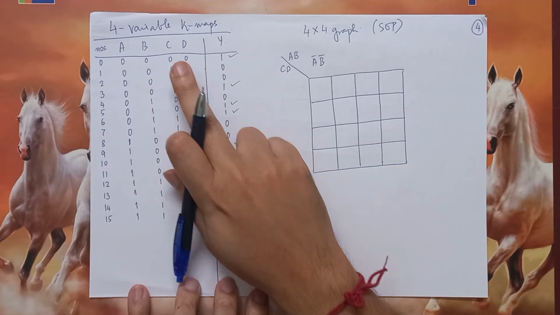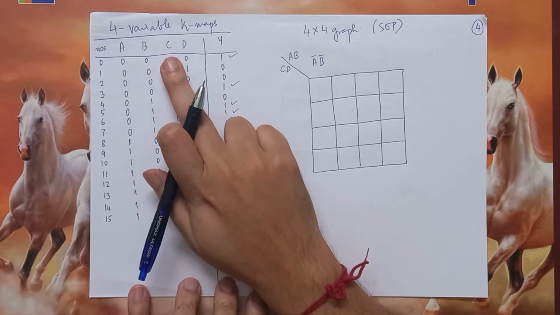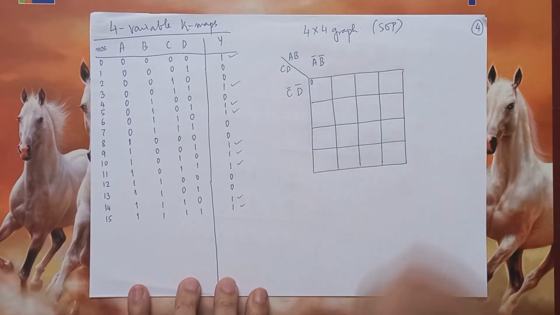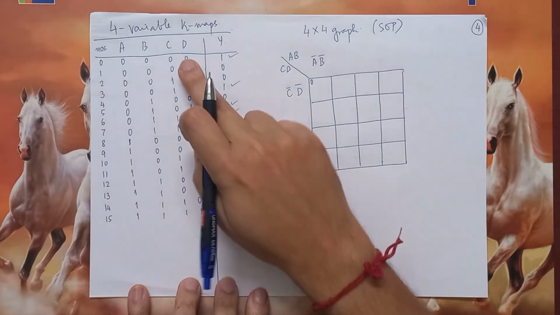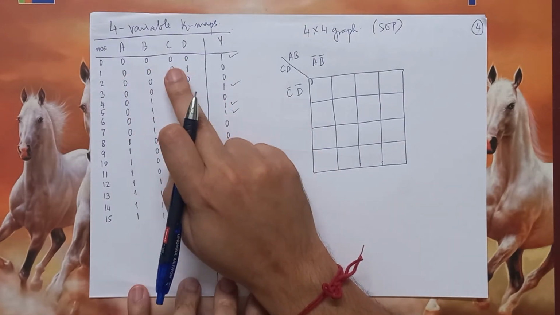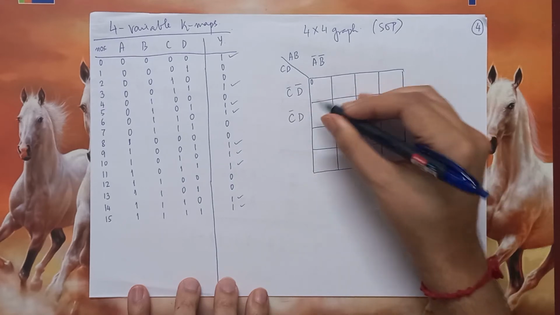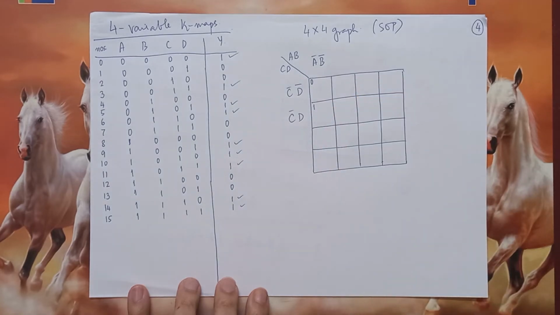So for row number 0, it will be A bar, B bar, C bar, D bar. So if I name this as 0, this will be C bar, D bar. For 1, it will be A bar, B bar, C bar, D. So A bar, B bar is here, we need a C bar, D. So this will be cell number 1.